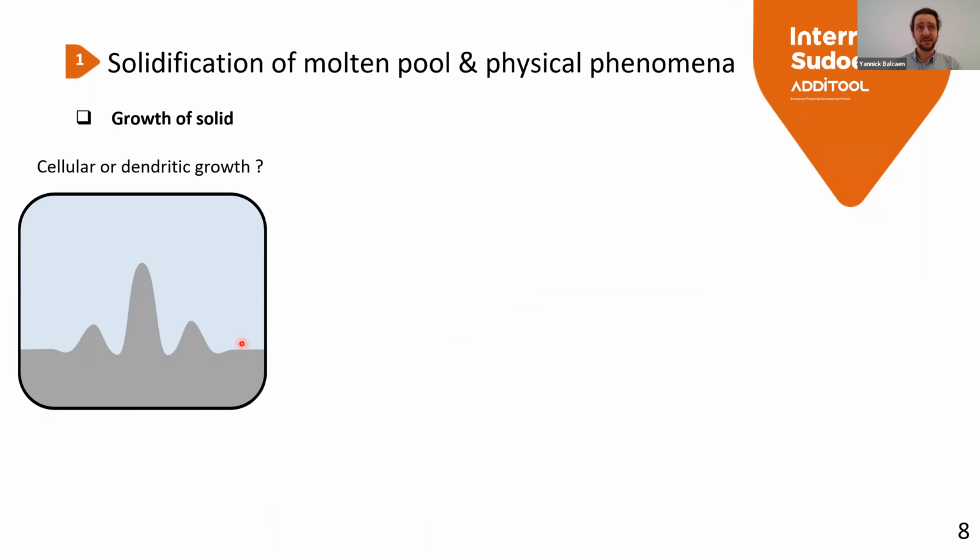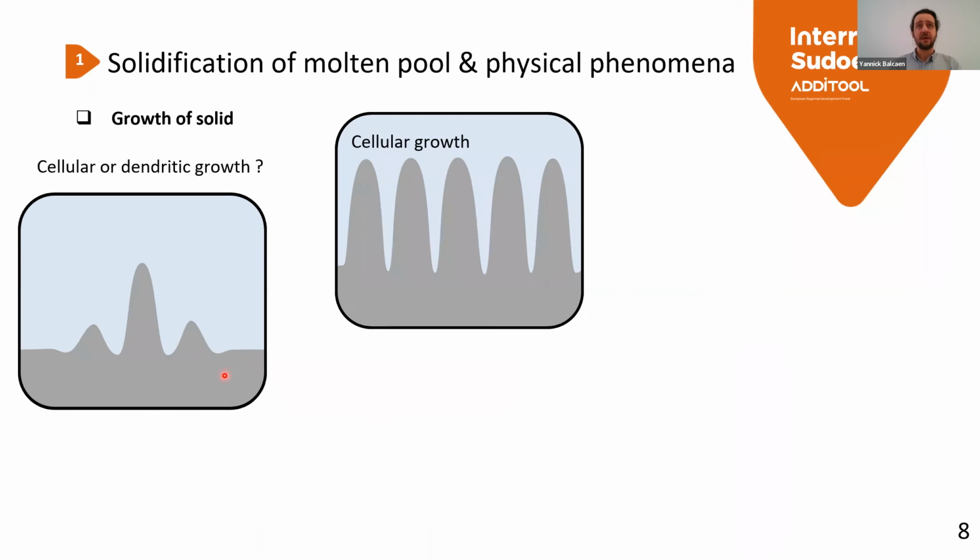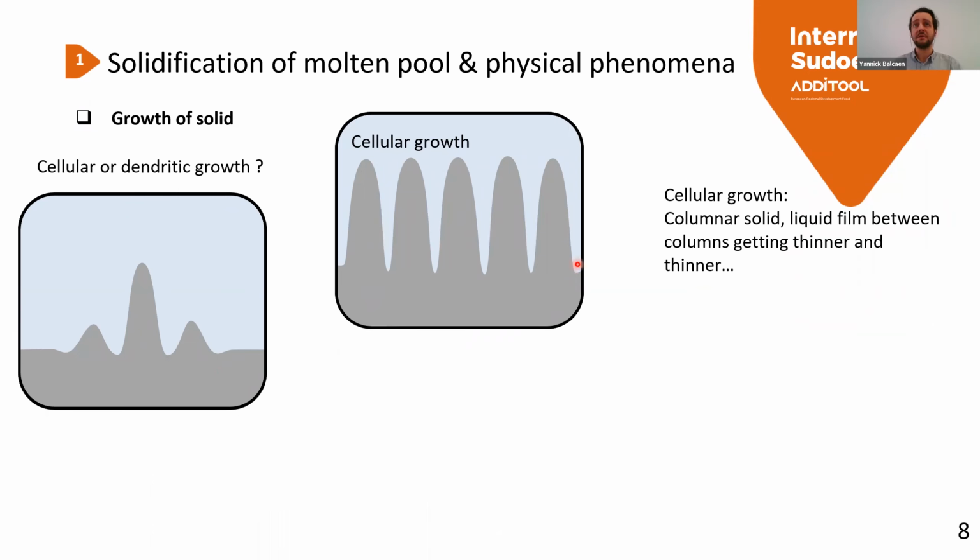Is it a cellular or dendritic growth? The cellular growth is characterized by columnar solids with a liquid film between these columns, and this liquid film is getting thinner and thinner as the solidification front goes on, and as cooling of this semi-solid increases.